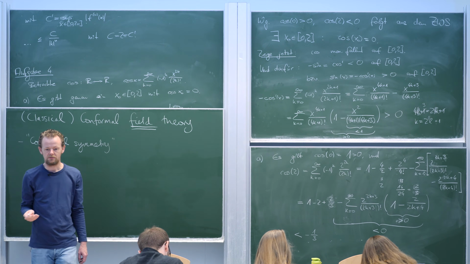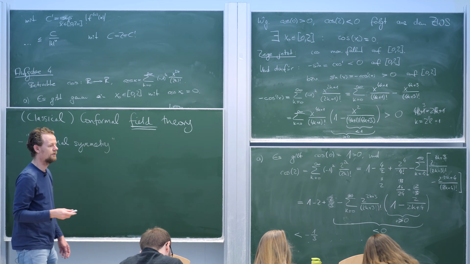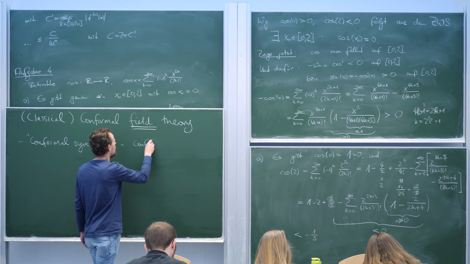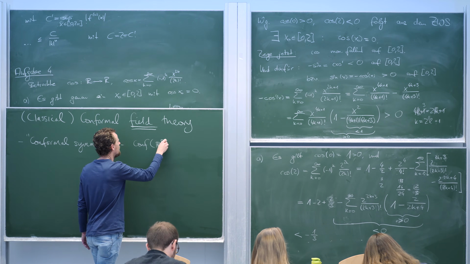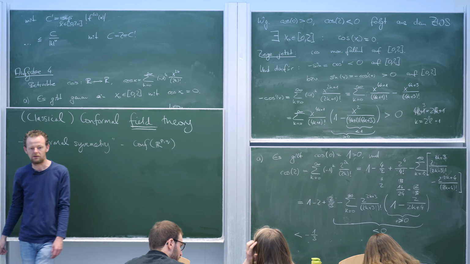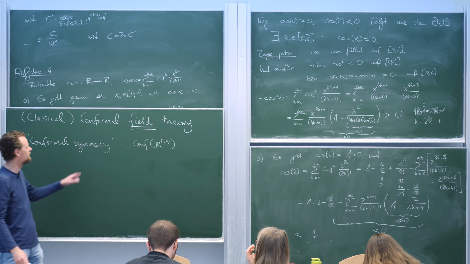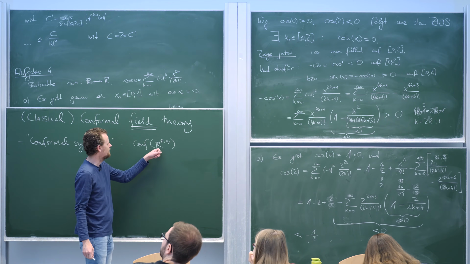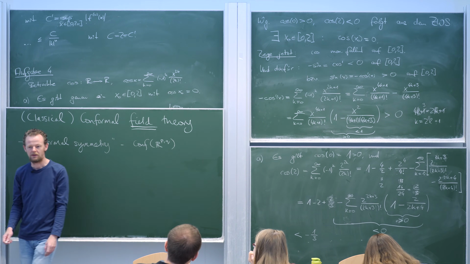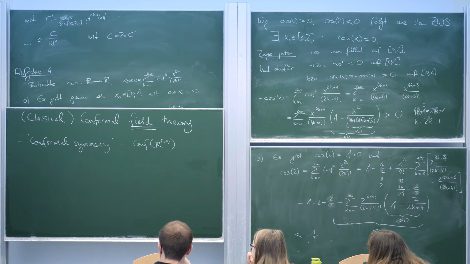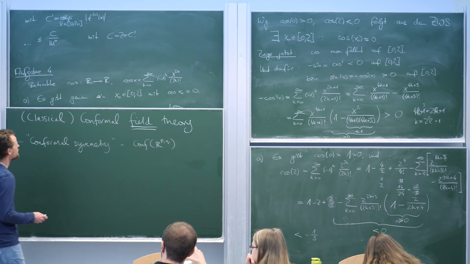And this led to the introduction of a group, a mathematical group, which we'll call Conf(R^{p,q}), the connected component containing the identity of all conformal diffeomorphisms of the pseudo-Riemannian manifold R^{p,q}. So that's the symmetry group that we call the conformal group. That's what we've seen in the previous lectures.